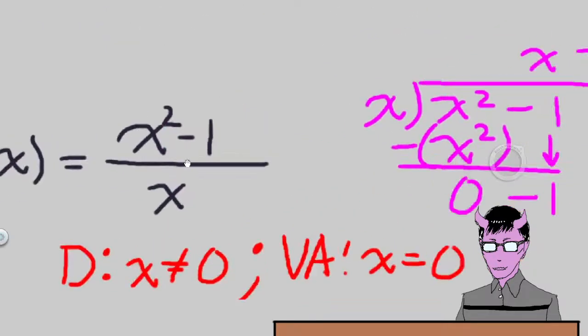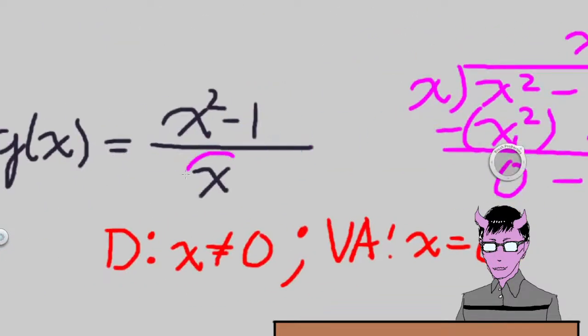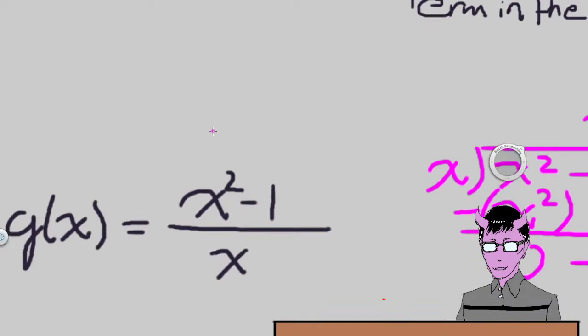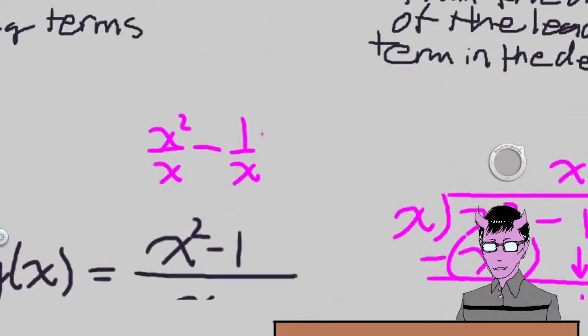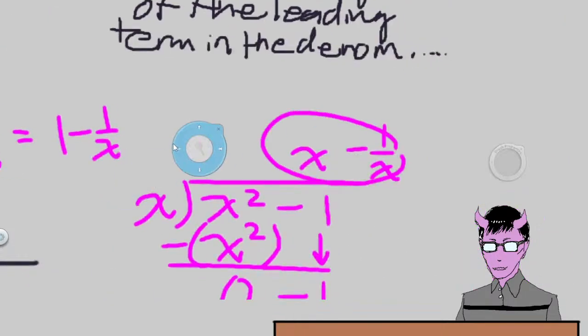Okay. And since this is just 1 term on the bottom, we could do fractional decomposition. So you could split this into x squared over x minus 1 over x. And again, this only works because the bottom is only 1 term. So you can change it like this. So therefore, 1 minus 1 over x, which matches, wait a minute.